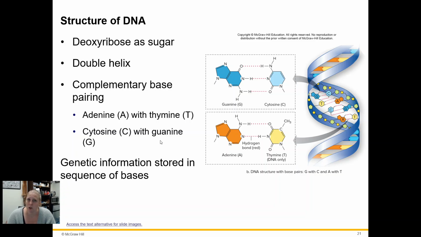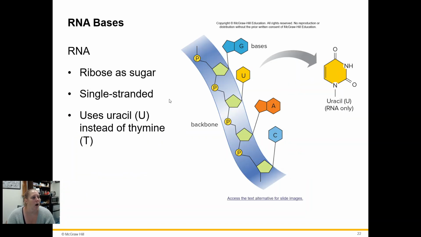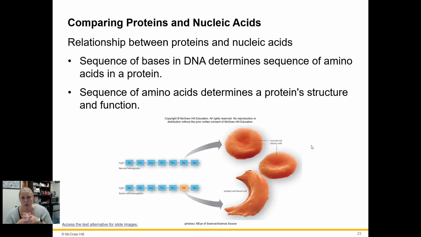We'll get into that a little bit more in chapter 11 when we do protein synthesis. RNA is single-stranded. It has a ribose sugar, and instead of thymine, it has uracil. And RNA is doing the job of carrying the genetic information elsewhere to the cells so that proteins can be made from that information.